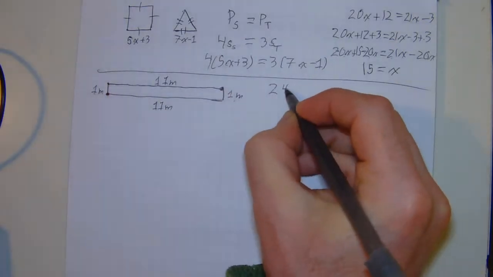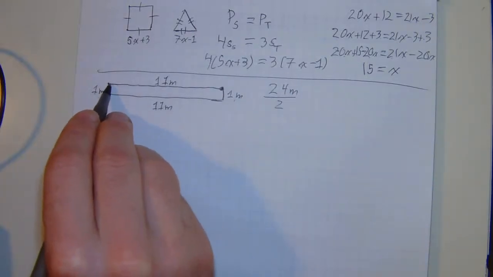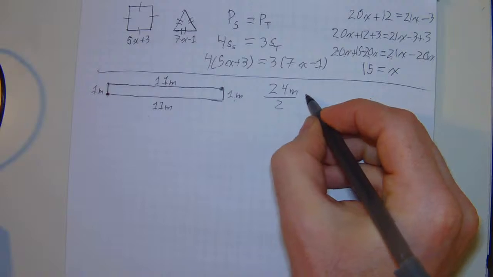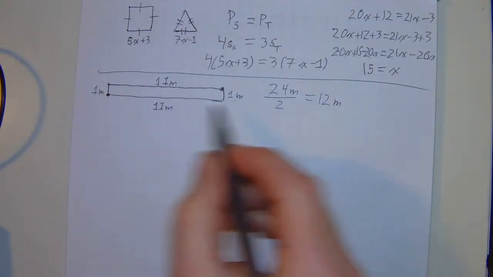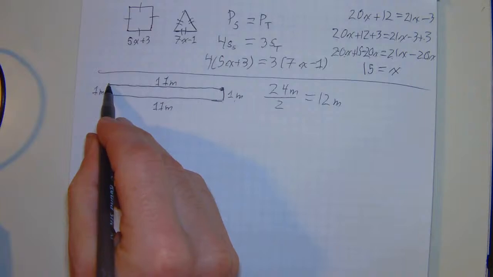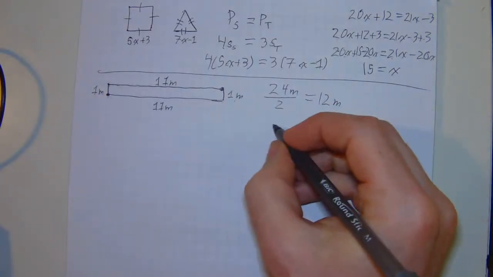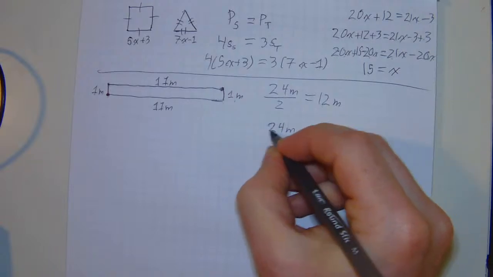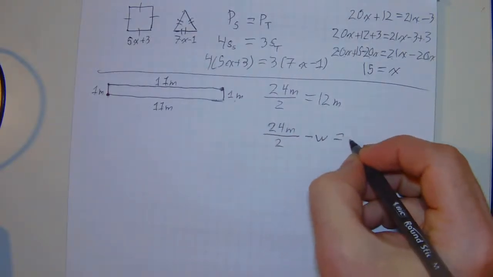Since the whole perimeter is 24 meters, half of the perimeter is going to be from here to here. So that's 24 divided by 2, 12 meters. If this is 1 meter, I just do 12 take away 1, and I get 11. So if you take the full perimeter divided by 2, take away the width, you'll get the length.